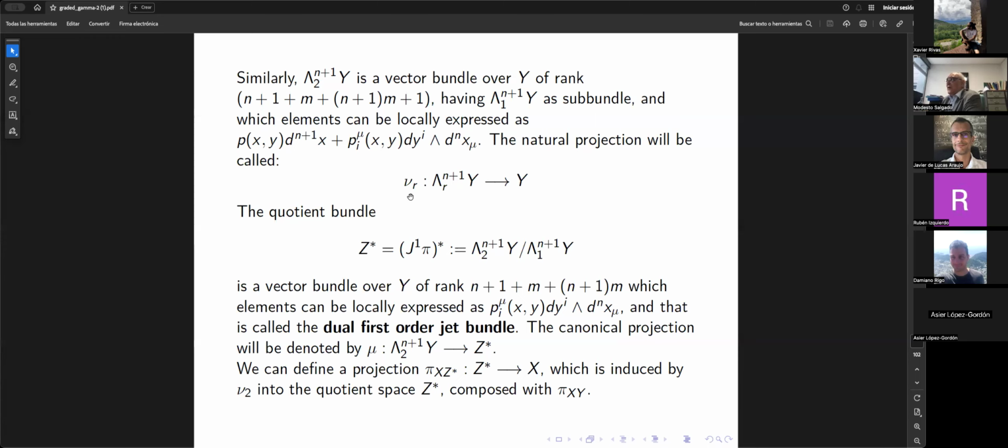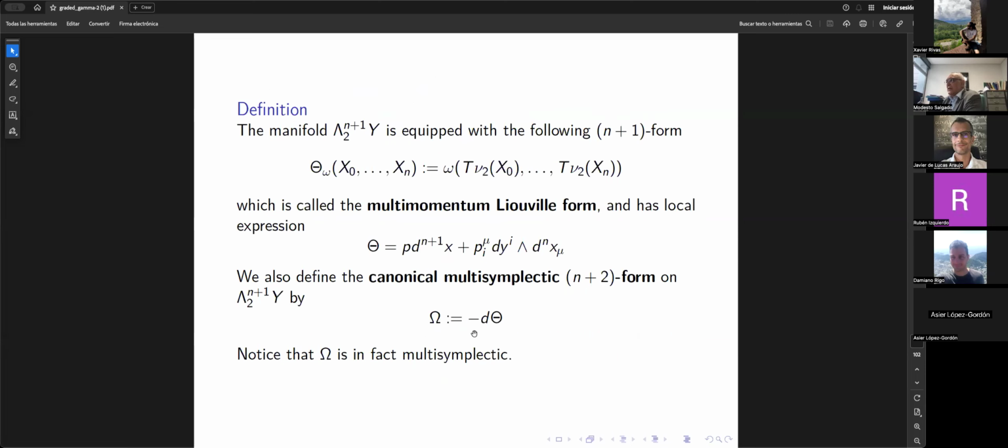And of course, we have canonical projections of this bundle over Y and over X. And we have a sequence of vector bundles: 0, lambda 1, lambda 2, and the quotient. And the quotient is in some sense the dual affine bundle of zeta. And so we have coordinates. These coordinates are x^mu, u^i, p, and p^mu_i.